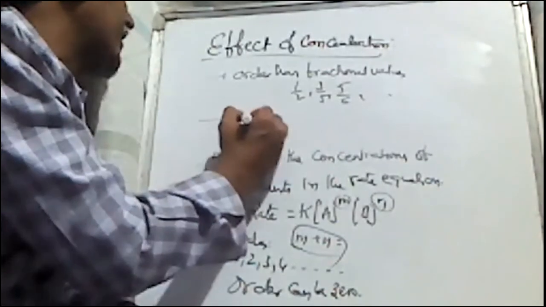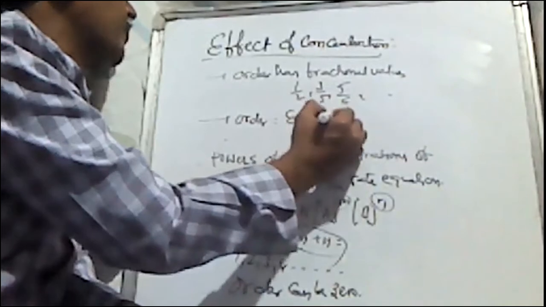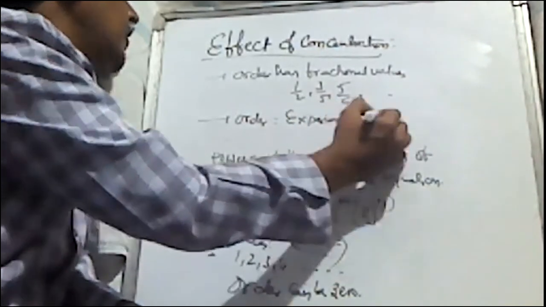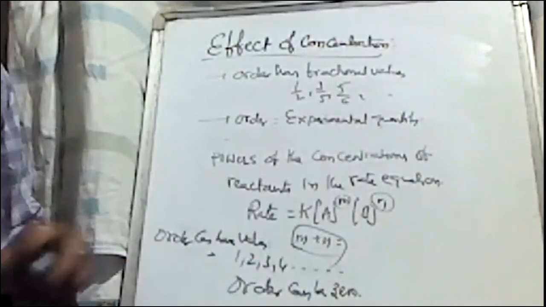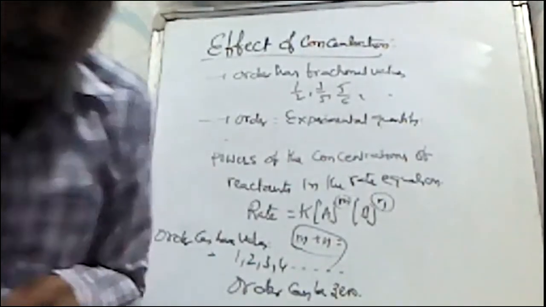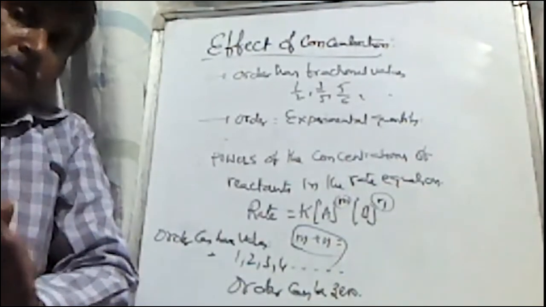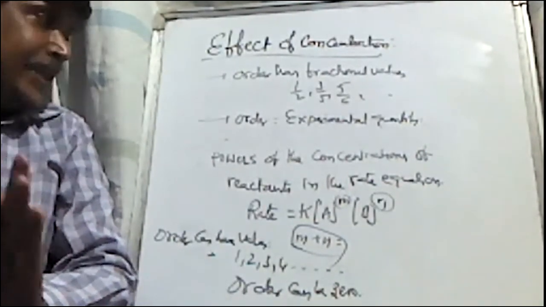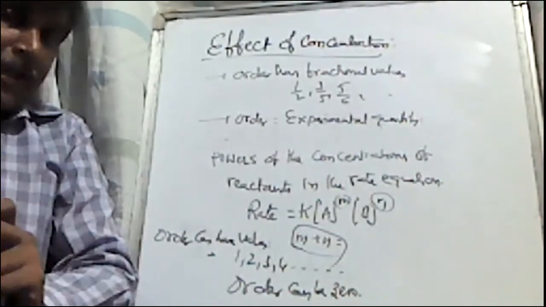And the last point here is that the order of a reaction is an experimental quantity. Order is the sum of the powers of the concentration terms in the rate equation, and it can have values 1, 2, 3, 4 and so on. It can be 0.